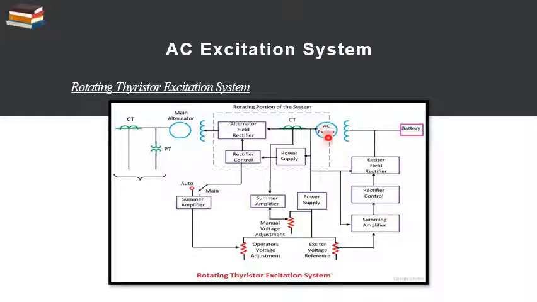And this is the AC exciter system connected to the alternator field rectifier, and after the rectifier the signal is sent to the field winding of the alternator. This dotted line represents the rotating portion of the system.